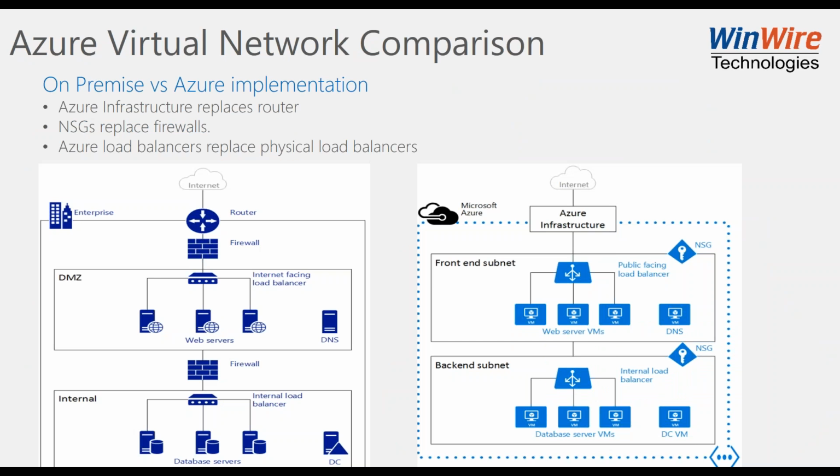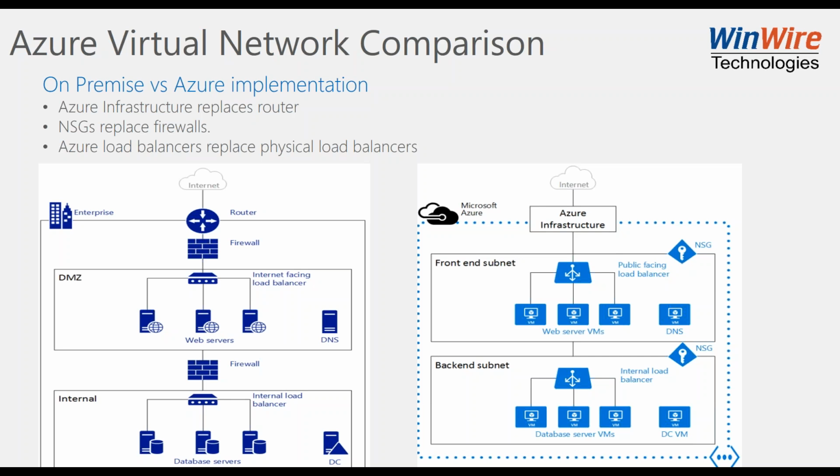Okay. This diagram really shows on the left what we have in a classic on-prem implementation versus an Azure implementation. So you've got the internet, you've got your router, and you've got your typical firewall, a DMZ with your web services, and then you have your back-end firewall. And you can see your domain controller and where the DNS fits as well. You can pretty much take this whole concept and almost do a lift and shift into Azure.